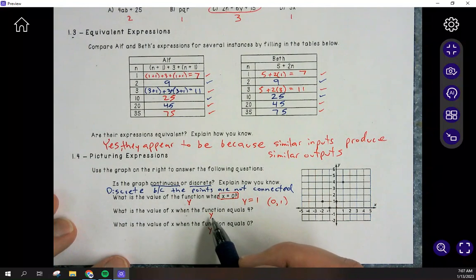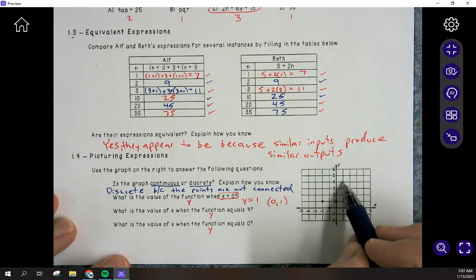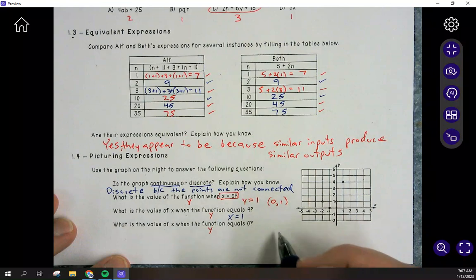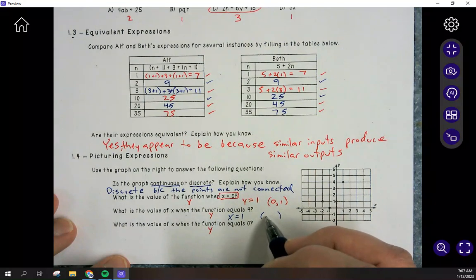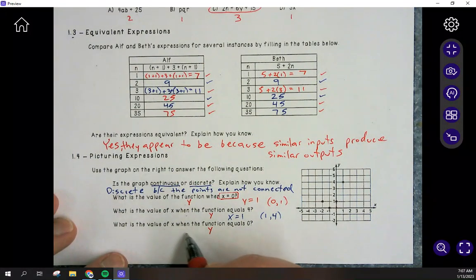So for the next one, what is the value of x when the function equals 4? So when y equals 4, what's x? So I come up to where y equals 4. We're talking about this. That's when x is 1. So when x equals 1. Or you can put the point, x is 1 and y is 4. Okay, what is the value of x when y equals 0?